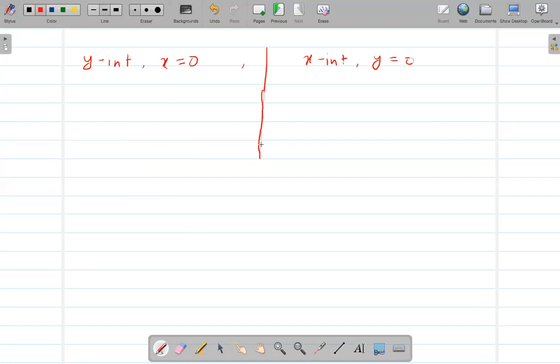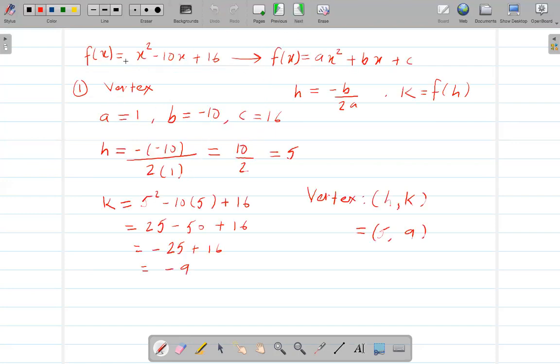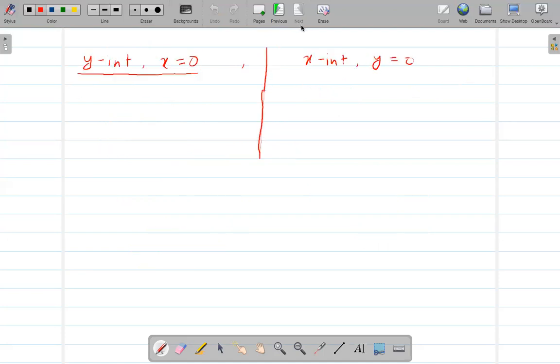All right, so now considering this one first, we can find the value of the y-intercept. So let's go back. We have this equation, x squared minus 10x plus 16. F of x, or you can also write f of x as y, or y as f of x, doesn't matter.